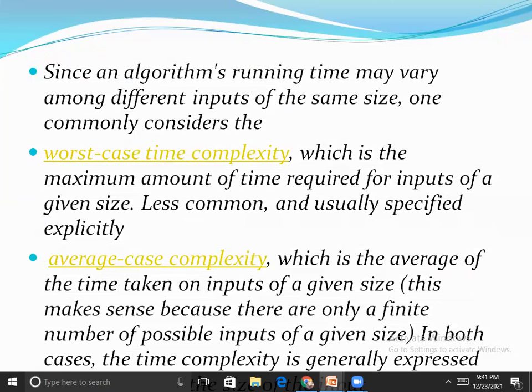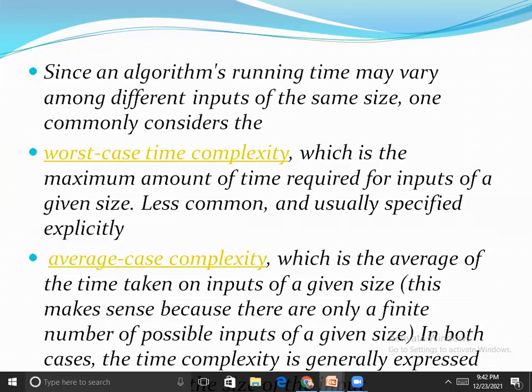Since an algorithm's running time may vary among different inputs of the same size, one commonly considers worst case time complexity, which is the maximum amount of time required for inputs of a given size, and average case complexity.